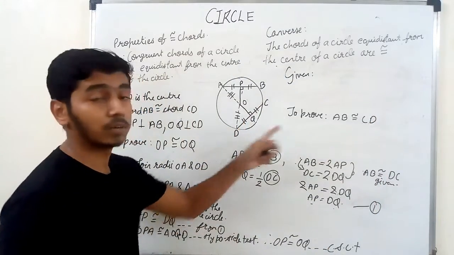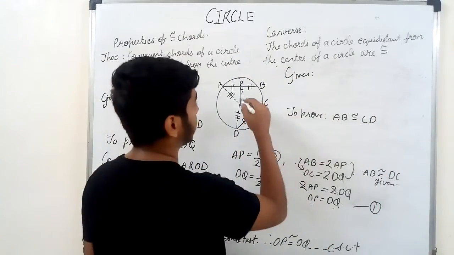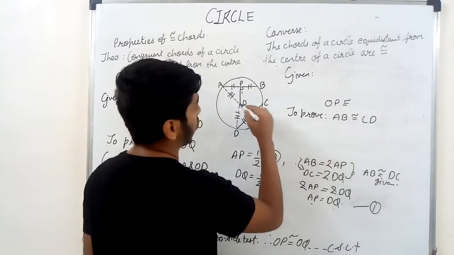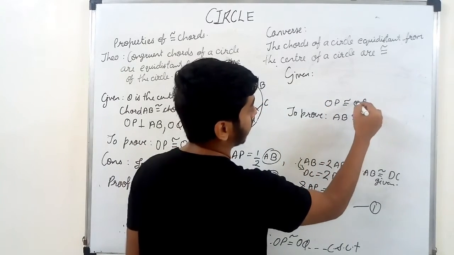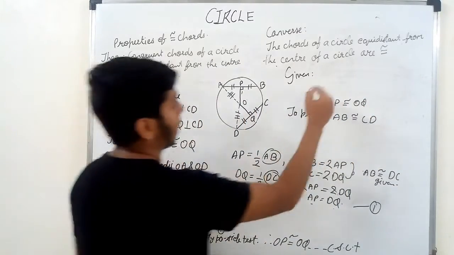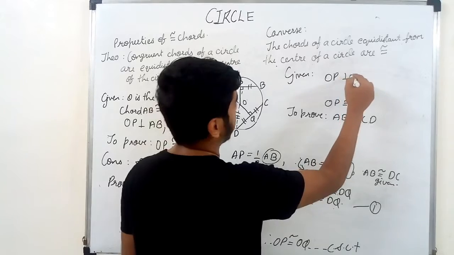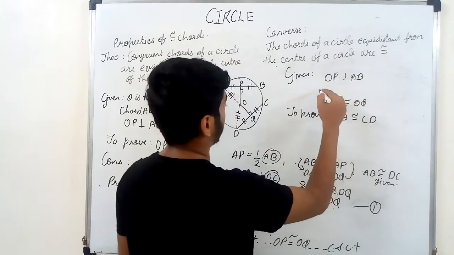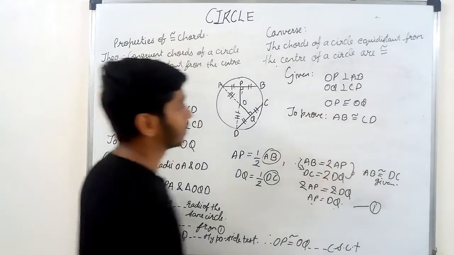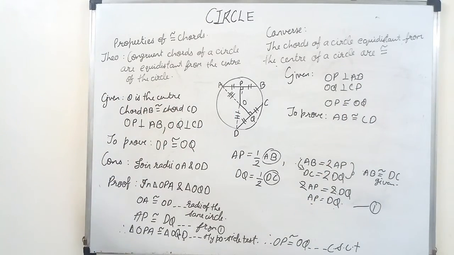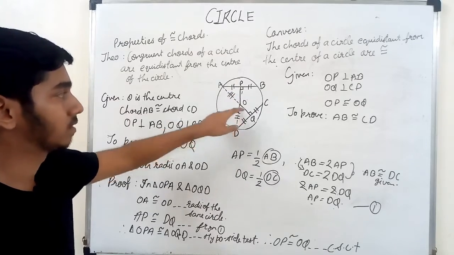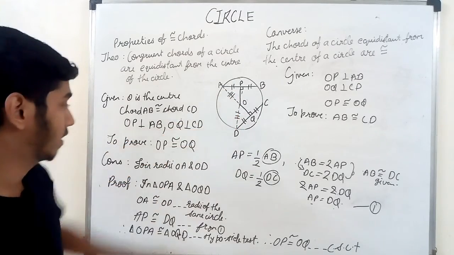We need to prove the two chords to be congruent, and here OP is congruent to OQ, it is already given, and the rest everything remains the same. OP is perpendicular to AB and OQ is perpendicular to CD. Okay, so this is what it is, and this construction remains the same, which is joining the radii.